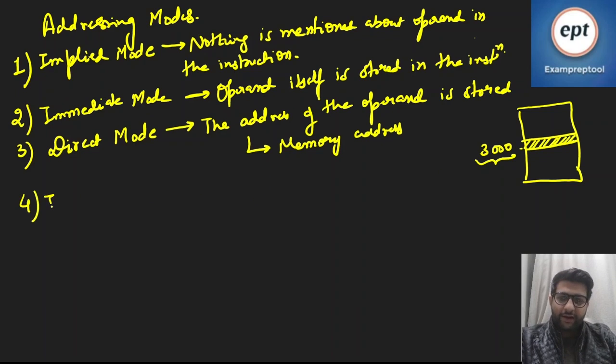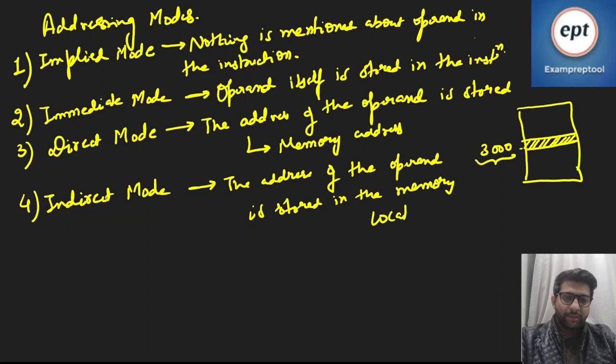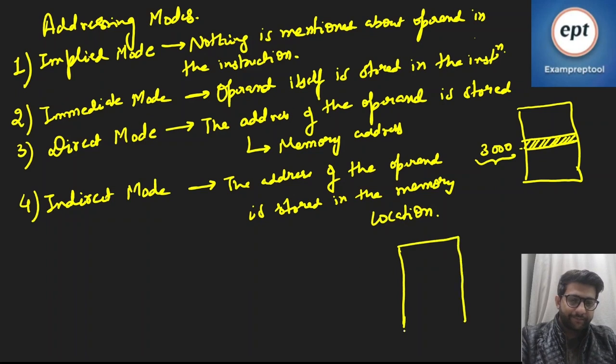The fourth one is the indirect mode. Now, the address of the operand is stored in a memory location. So let's say this is our memory and our operand is stored at the address 6000.